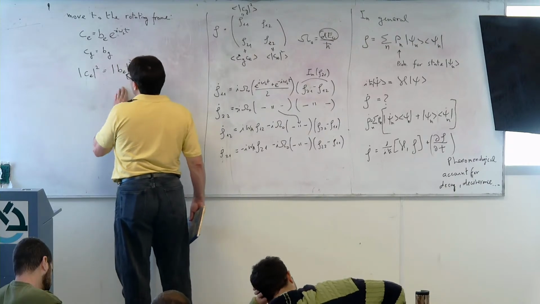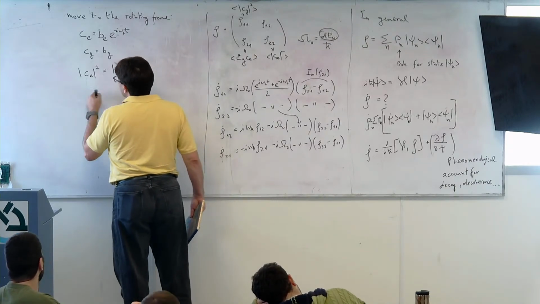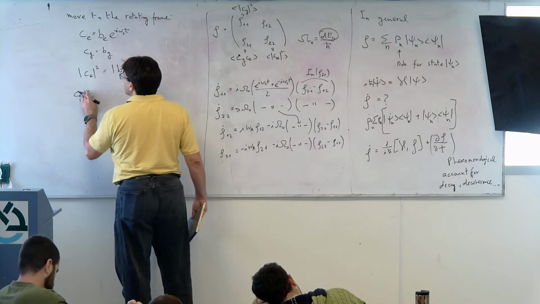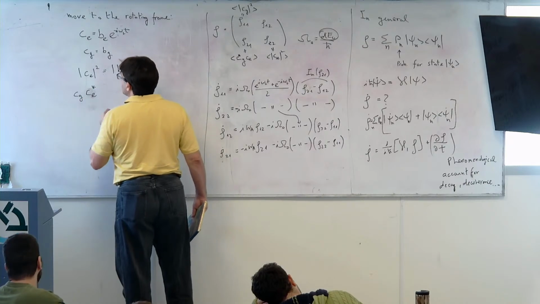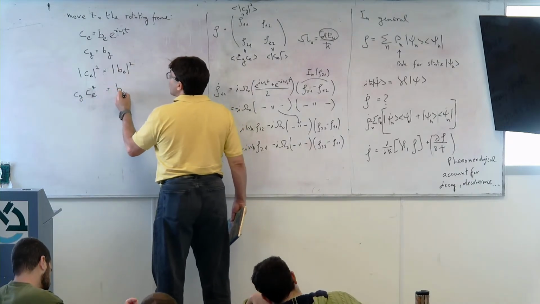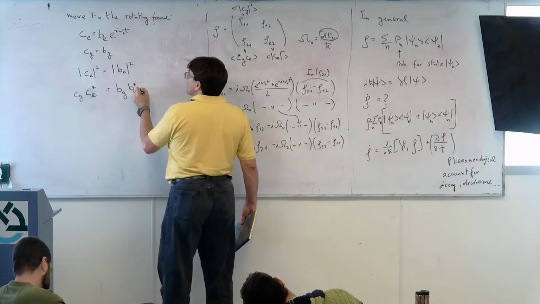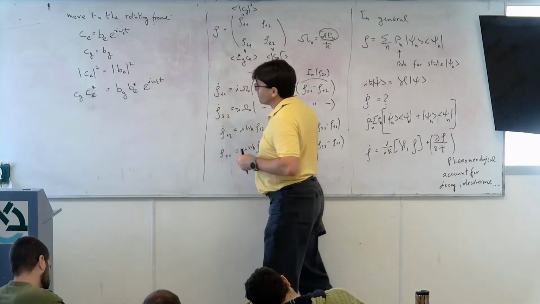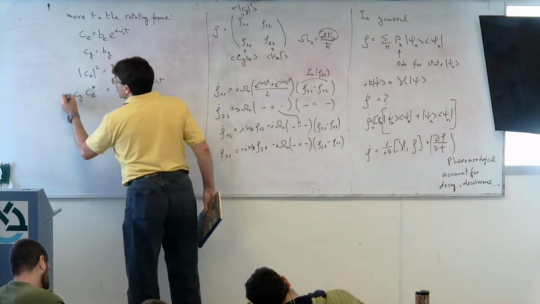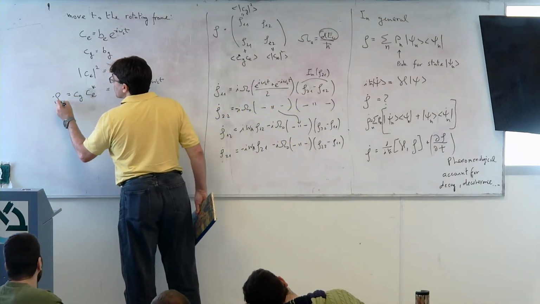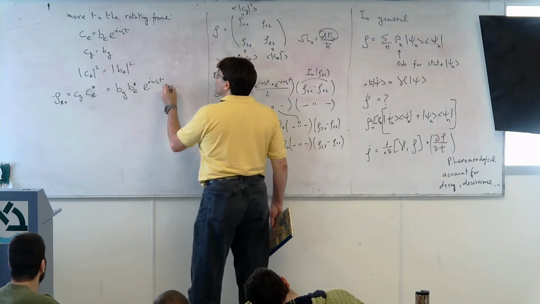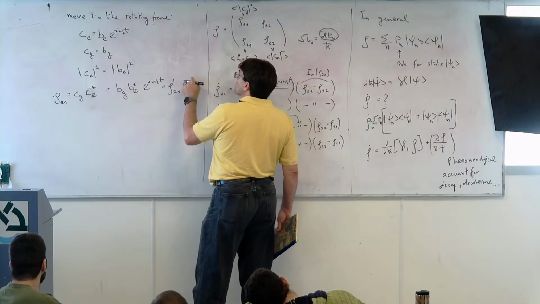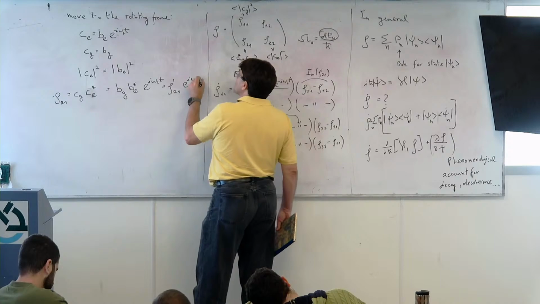So under this assumption, C ground C excited star is B ground B excited star times e to the i omega laser t. So this would be rho 2 1, and this would be rho 2 1 prime times e to the i omega laser t.